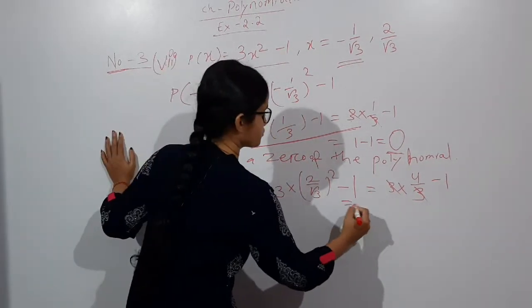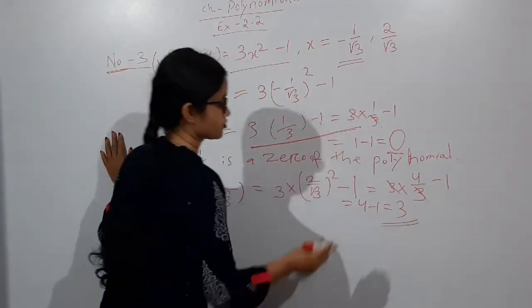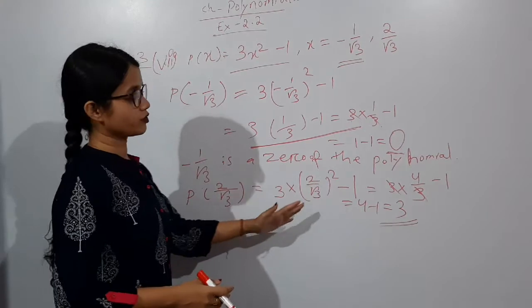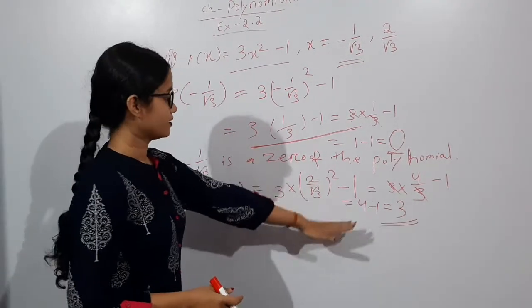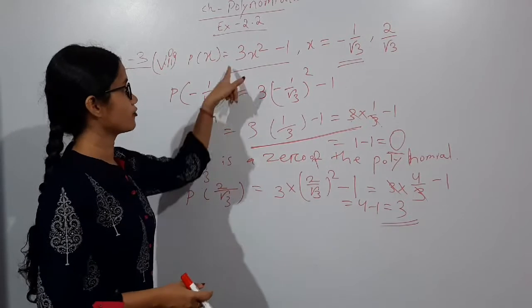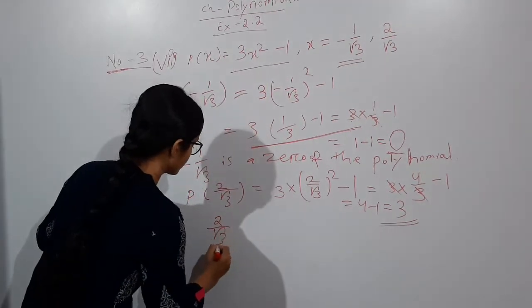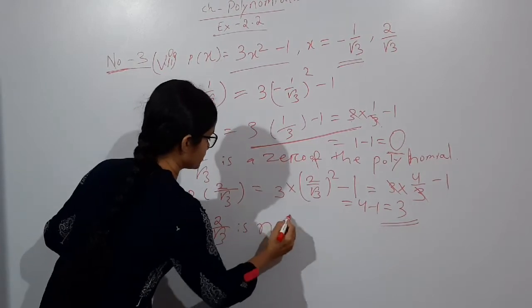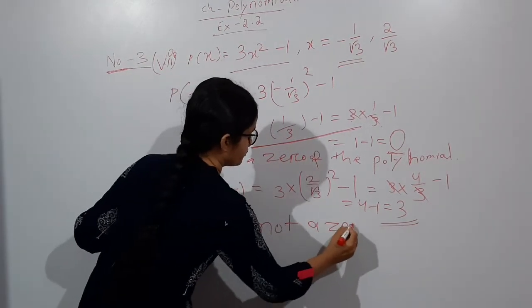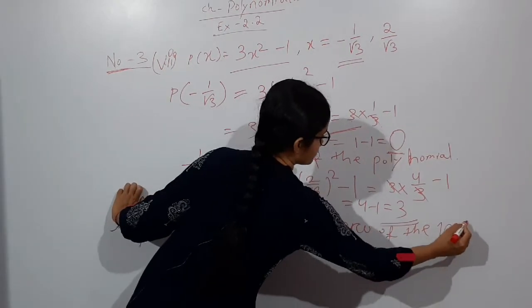Okay. So it is 4 minus 1, which is equal to 3. And as you can see, here the value of the polynomial is 3, and that's why we will say that 2 by root 3 is not a zero of this polynomial. Okay. 2 by root 3 is not a zero of the polynomial.